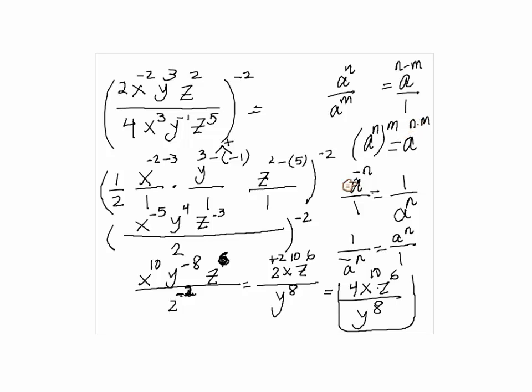And at the end, if you get negative exponents, whenever there's a negative exponent, you move it to the opposite side of the fraction. And that's exactly what Christian just typed. Yes, exactly. So if you have a negative exponent at the top of the fraction, you move it to the bottom, it becomes positive. And if it's at the bottom of the fraction, you move it to the top, then it becomes positive. Okay, very good. That's how you simplify this.